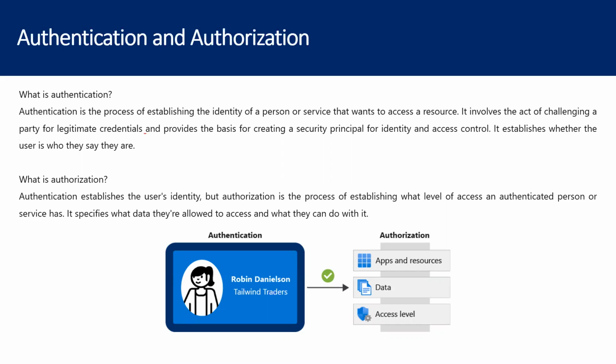You may need access to only the virtual machines, if you are a virtual machines administrator. If you are a network administrator, you only need access at the network level, where you will be managing the infrastructure of the network, but you don't need access to the application or databases. So managing those demands is all about authorization.